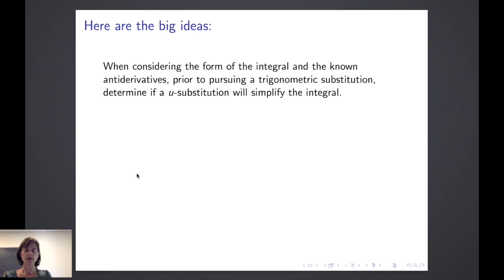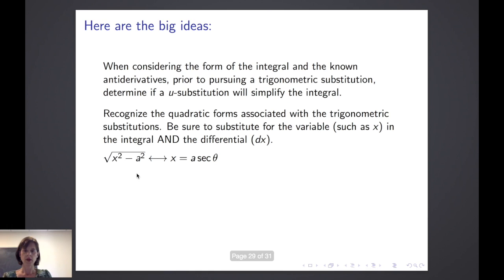And in summary, as we have with the other two videos on trig substitution, make sure that you consider the form of the integral and your known antiderivatives before pursuing a trigonometric substitution. There might be a method, whether it's u substitution or another method that will simplify the integral. You need to be sure to recognize the various quadratic forms associated with the trig substitutions and make sure that you substitute not only for the variable but also for the differential.